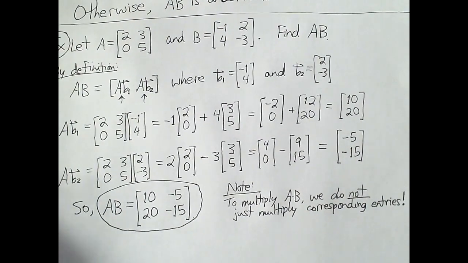I put an exclamation point at the end of that. And you might say, why not? And I would say, because that's not how it's defined. We had a definition for the product AB, and it told us to do this.